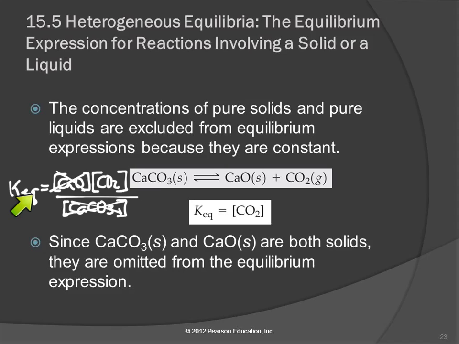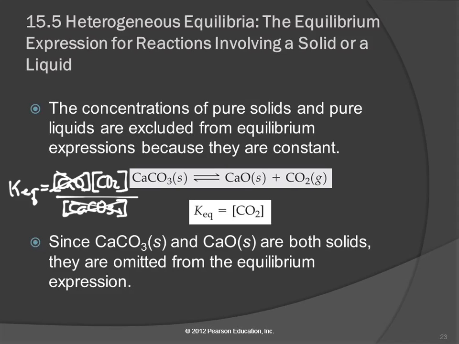So the equilibrium constant for this equation here is just the concentration of the carbon dioxide gas. The same is true for pure liquids because you can't compress liquids either, so their concentrations can't change.